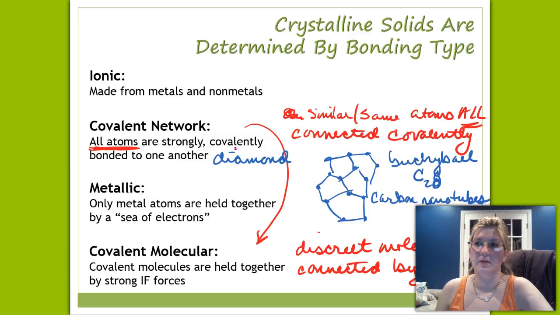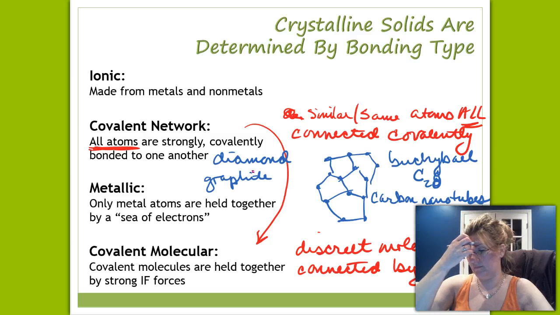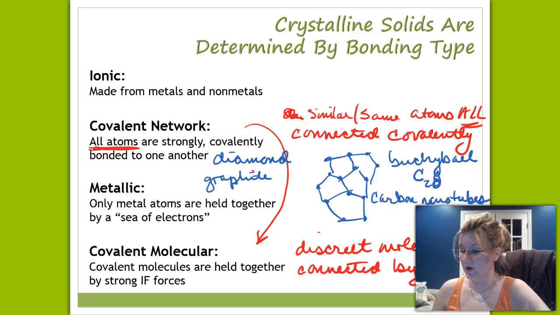Except it was subject to high pressures and high temperatures for millions of years. We also have something called graphite. Also all carbon. All of those are different carbon molecules connected in different configurations, all covalently. So that's really the only new thing there that we didn't know before.